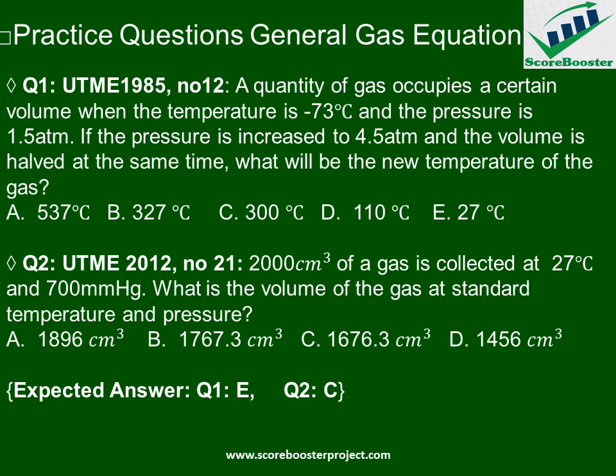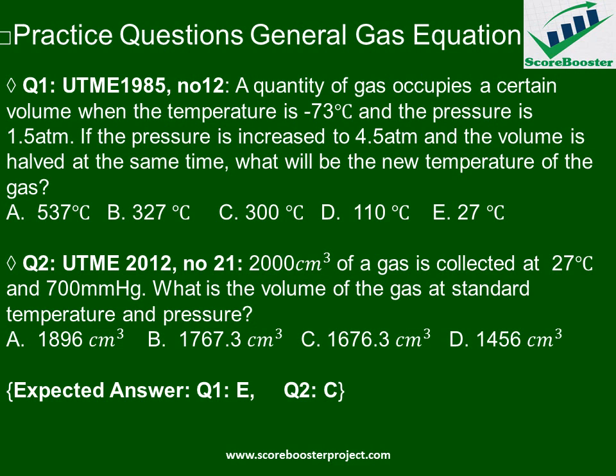Then the second question here for practice comes from UTME 2012 number 21, and the question goes thus: 2000 cm cube of a gas is collected at 27 degrees Celsius and 700 mm mercury. What is the volume of the gas at standard temperature and pressure?